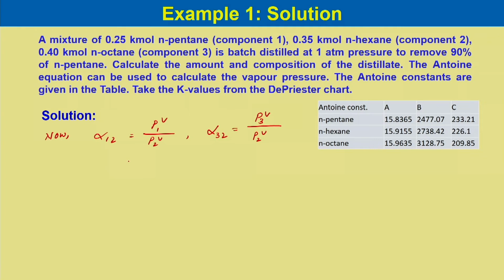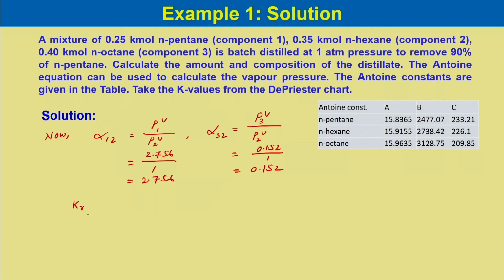So, if we substitute the values of vapor pressure we have obtained, it would be 2.756 divided by 1, and alpha 32 would be 0.152 divided by 1, which is equal to 0.152, and alpha 12 would be equal to 2.756.